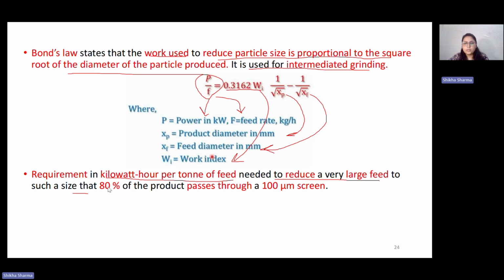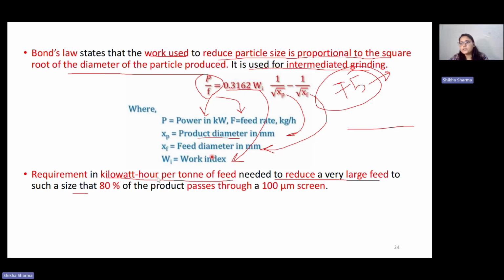If we say the product diameter is, suppose, 75 mm or something, that means 80% of the particles are of this dimension.